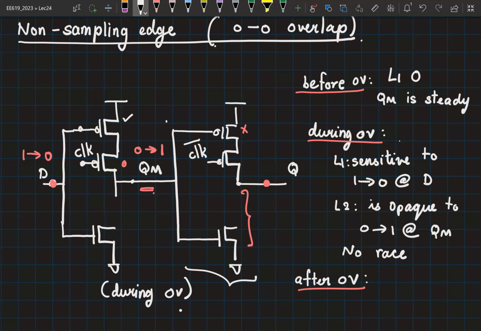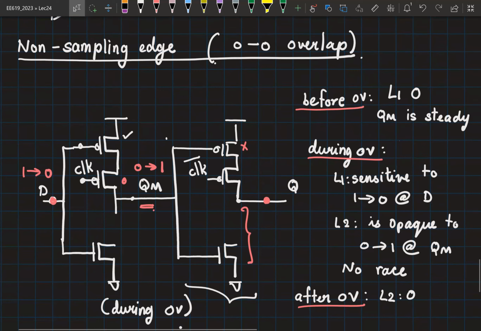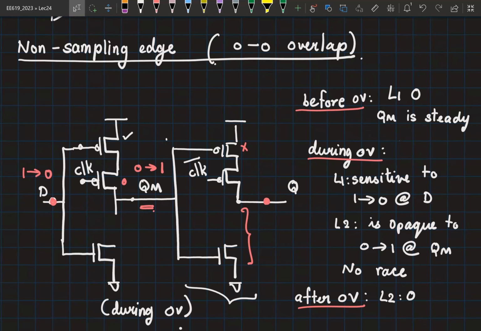Therefore, any change that has occurred at QM will not appear at Q. So during the overlap, you can possibly have a 0 to 1 transition at QM, but after the overlap, L2 is anyways becoming opaque. So this transition is not going to appear at Q. Is it clear? So overall, this circuit is now insensitive to a 0, 0 overlap associated with a non-sampling edge.